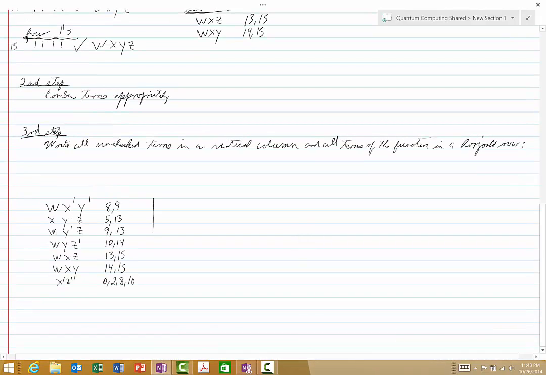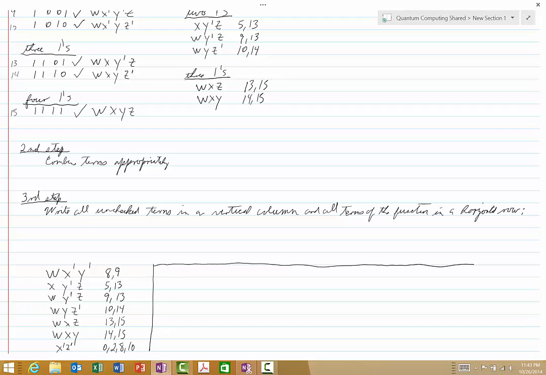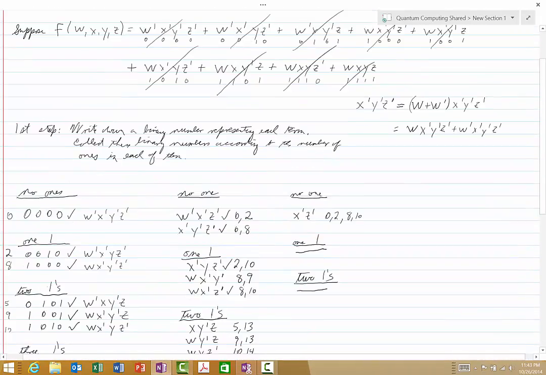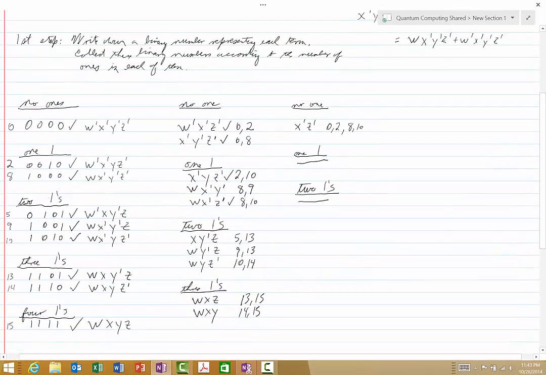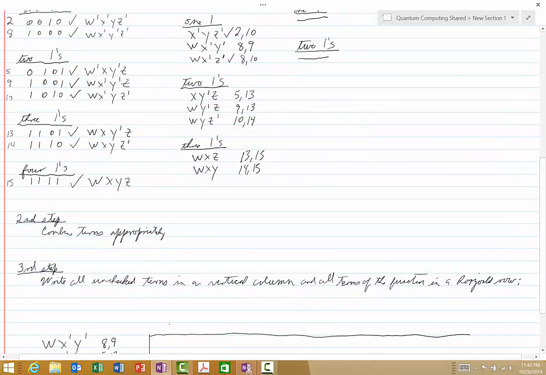So here is my vertical column of all the unchecked terms, and now I'm going to write along the top all the terms we had, which were 0, 2, 8, 5, 9, 10, 13, 14, and 15.